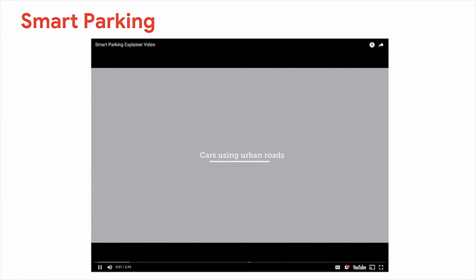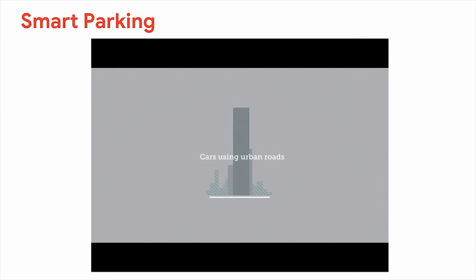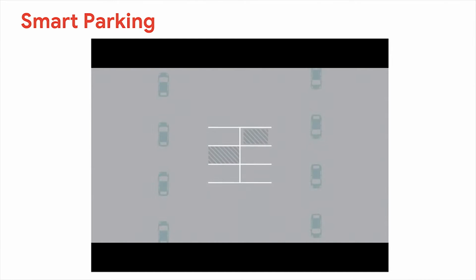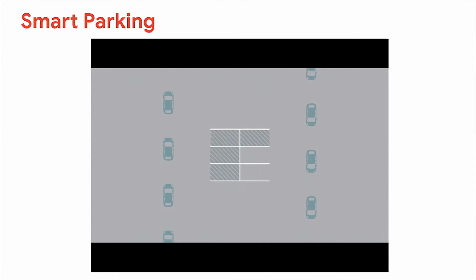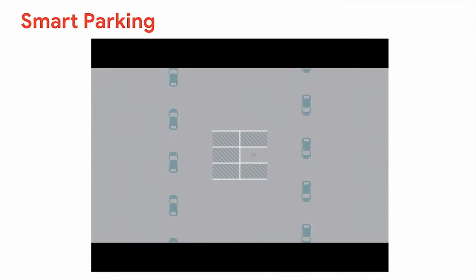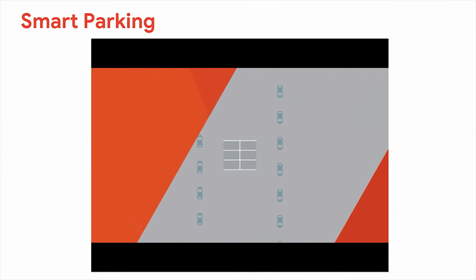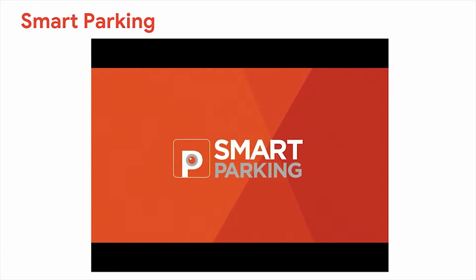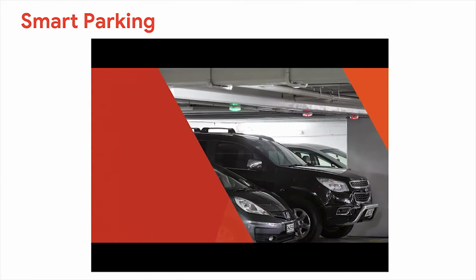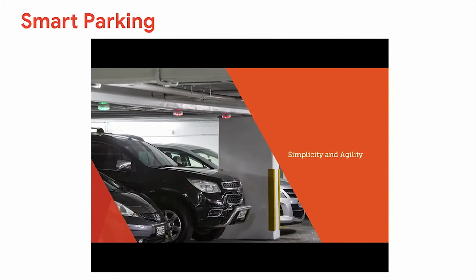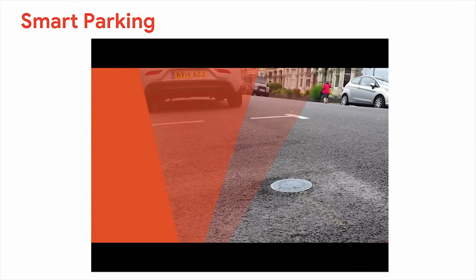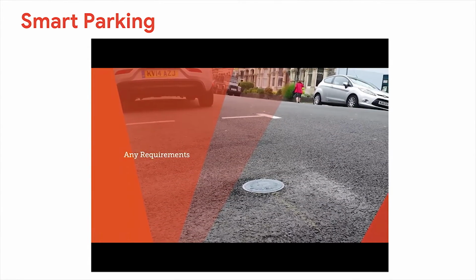The number of cars using urban roads is on the rise, putting additional strain on traffic infrastructure. Finding a safe and convenient place to park your car also adds to the frustration of planning a journey. We have a solution for this in our Smart Park system. The beauty of Smart Park lies in its simplicity and agility, allowing us to configure each site to any set of requirements.